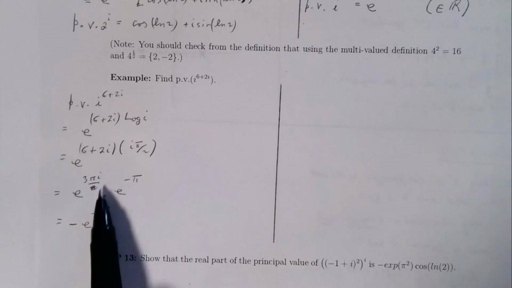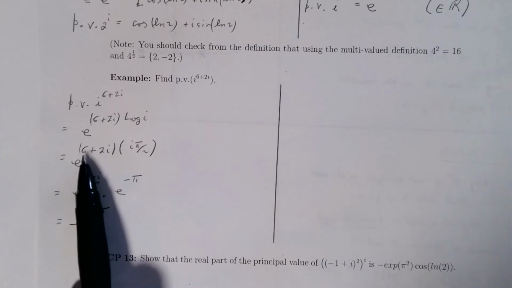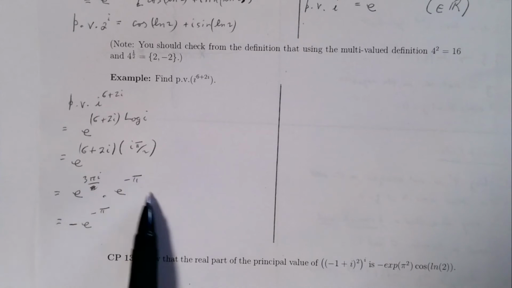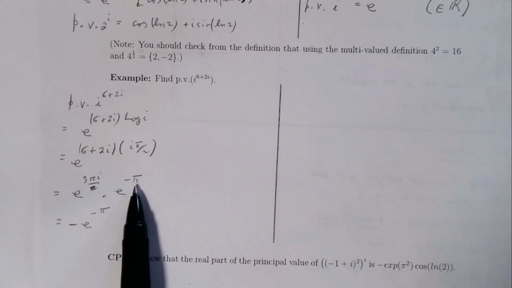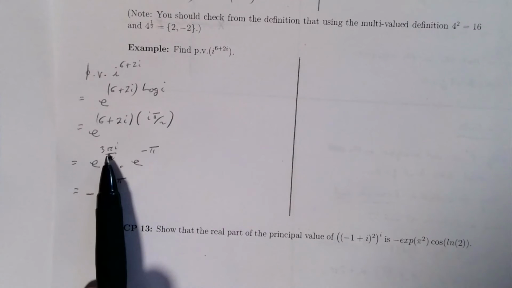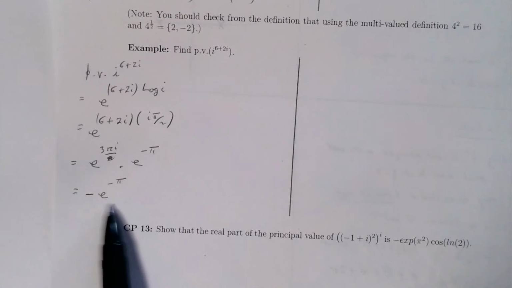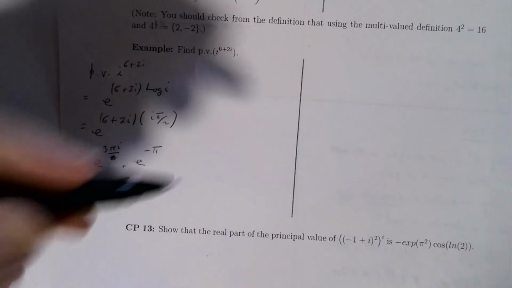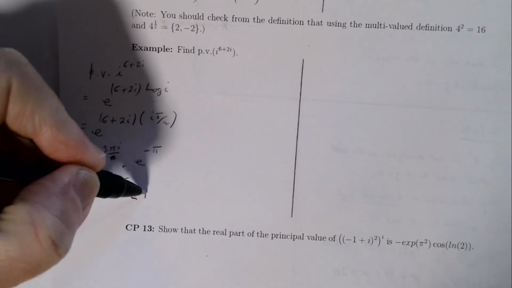We get 3 pi i from this times this, and then we get e to the minus pi. Now e to the 3 pi i, of course, is just minus 1, because we go around through 3 pi. And so I just get minus e to the minus pi, which, by the way, again happens to be a real number in this case.